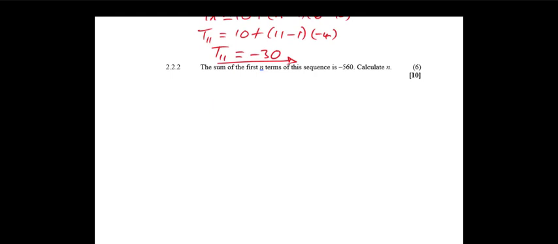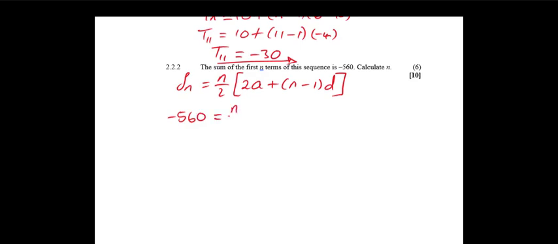Then 2.2: the sum of the first n terms of this sequence is negative 560. We are required to calculate the value of n. So the formula is: the sum to n terms of an arithmetic sequence is n over 2 times 2a plus n minus 1 times d. The sum to n terms, they told you, is negative 560.